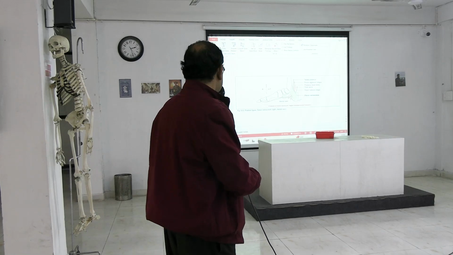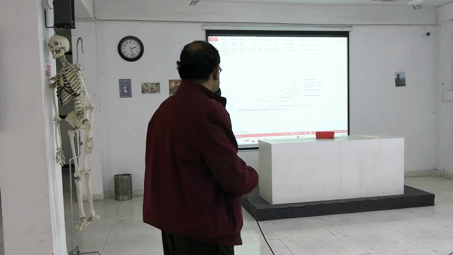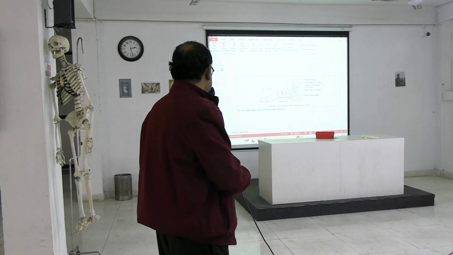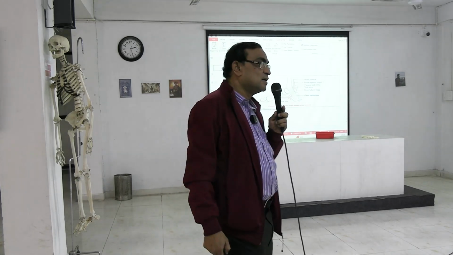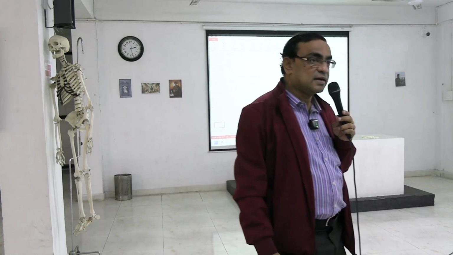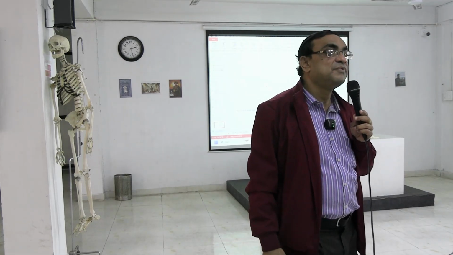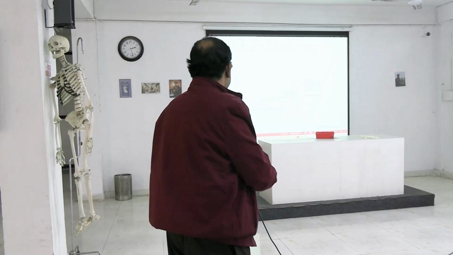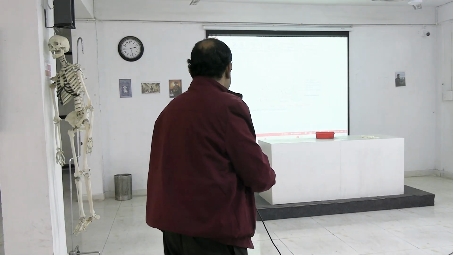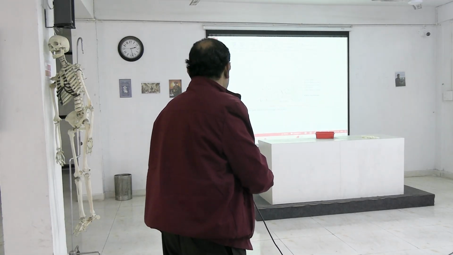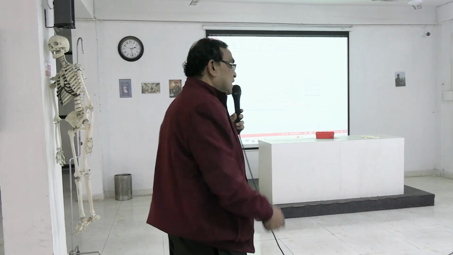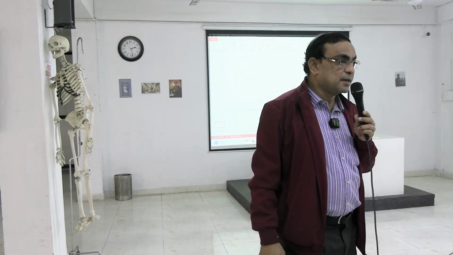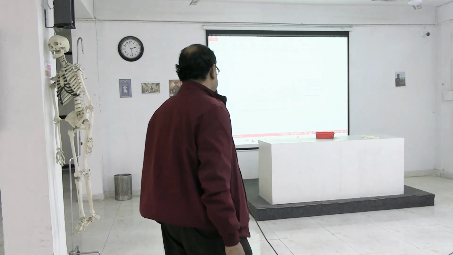You can see this tendon is going to be inserted in the distal phalanx of the great toe, that is the hallux. And Flexor Digitorum Longus goes to the lateral four digits. So these are the structures.